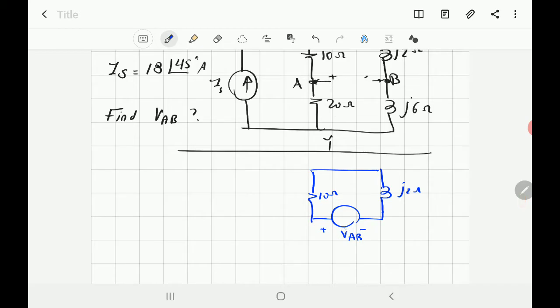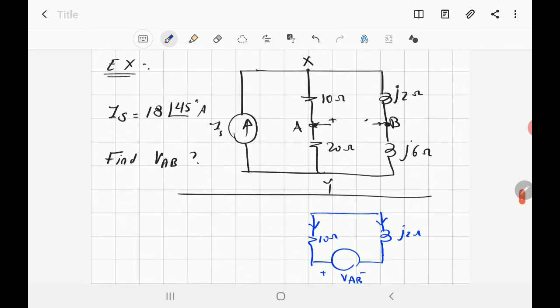To find the voltage VAB with Kirchhoff voltage law, you should know the voltage across 10 ohm and the voltage across J2 ohm. If you have the voltage in both elements known, it's easy to apply Kirchhoff voltage law. To find the voltage across 10 ohm, you got to know the current. To find the voltage across J2 ohm, you got to know the current.